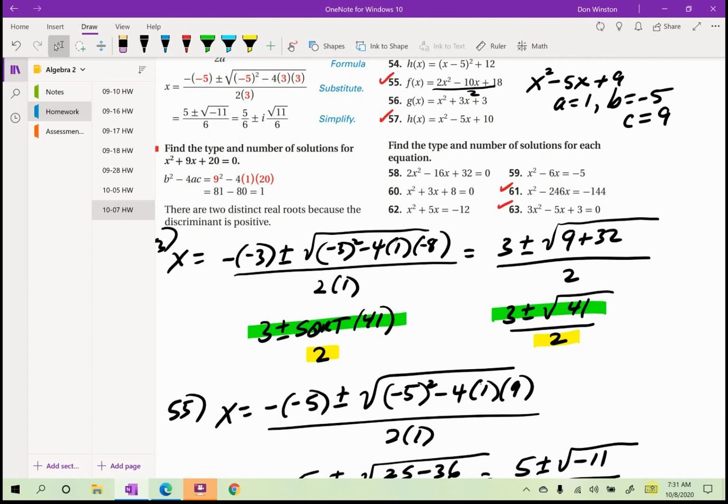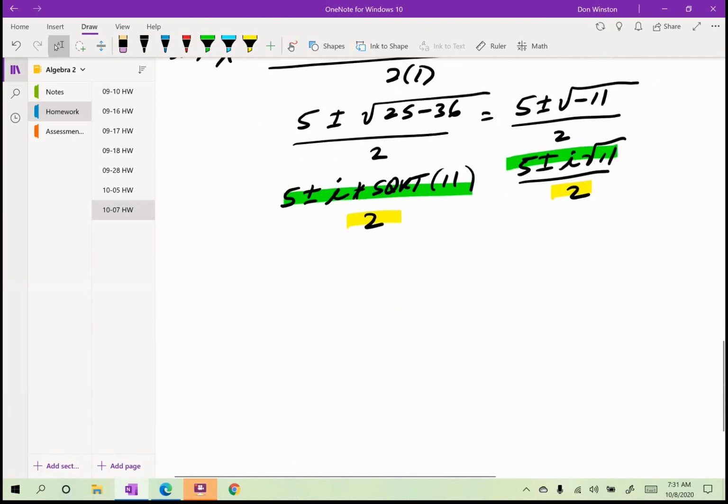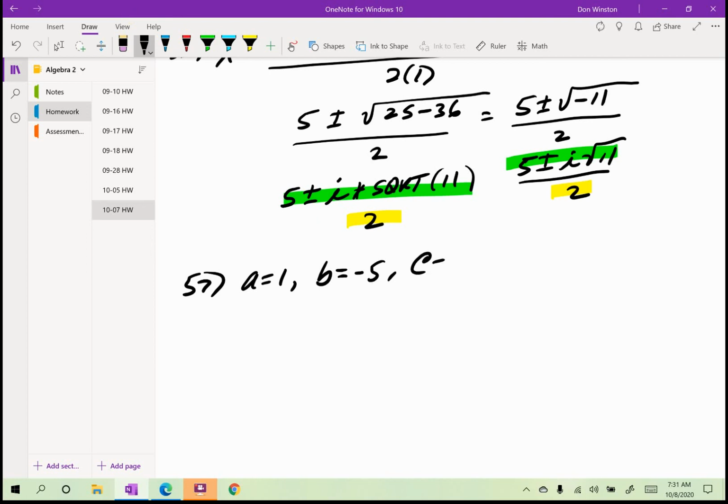So 57, so a equals 1, b equals negative 5, and c is equal to 10. All right, so let's do that one here. So a equals 1, b equals negative 5, and c equals 10.